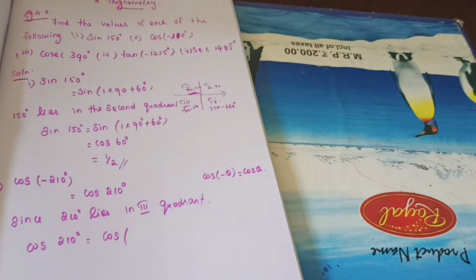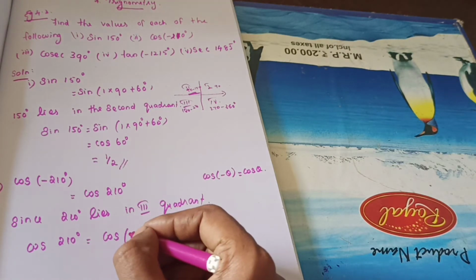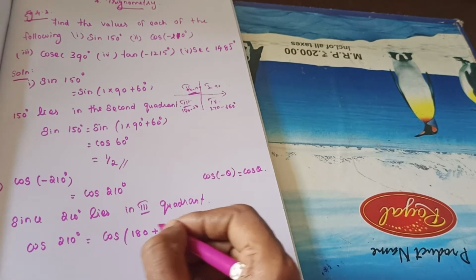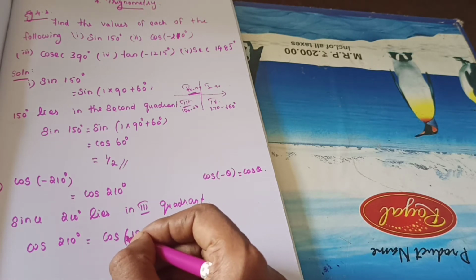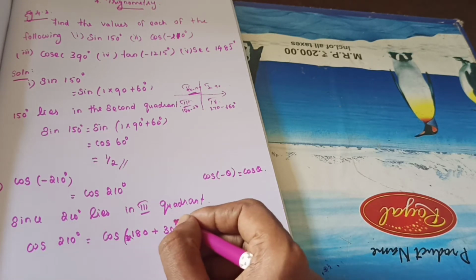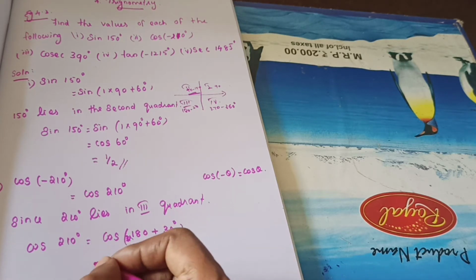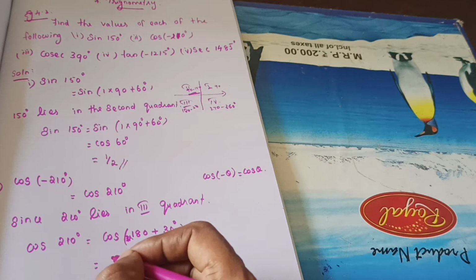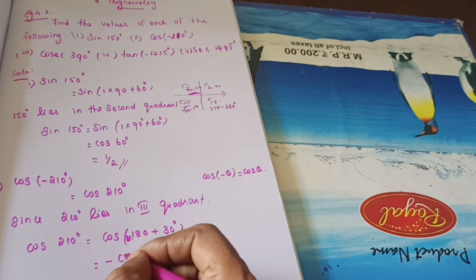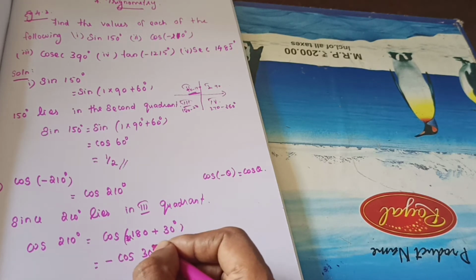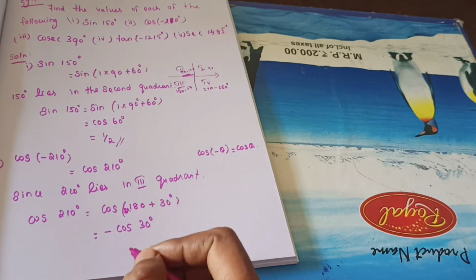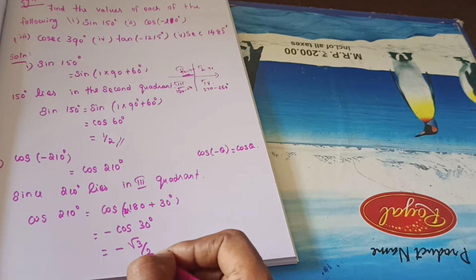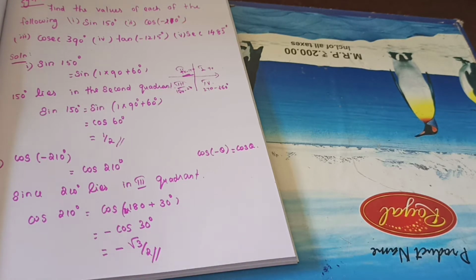Shall I write it in the form of 180 plus theta? So 1 into 180 plus 30 degree. What's the value for cos of 180 plus theta? Minus cos theta. So minus cos 30 degree. What's the value of cos 30 degree? Root 3 by 2. So minus root 3 by 2. This is the answer. Understand, students?